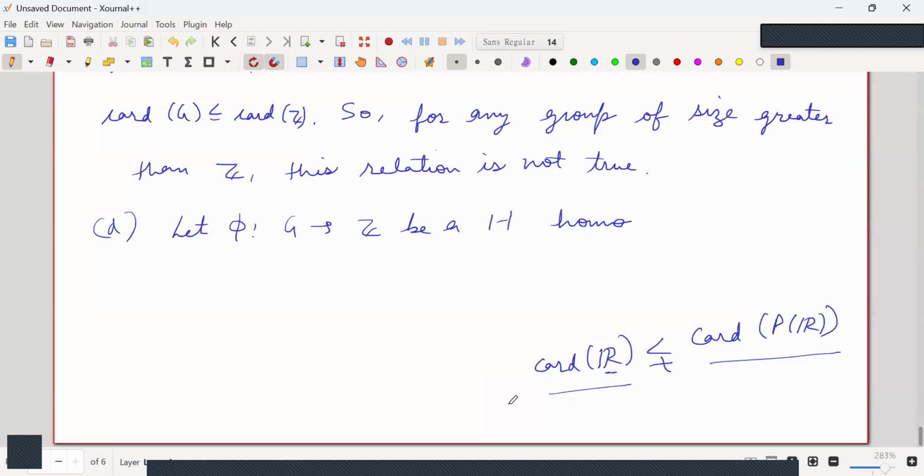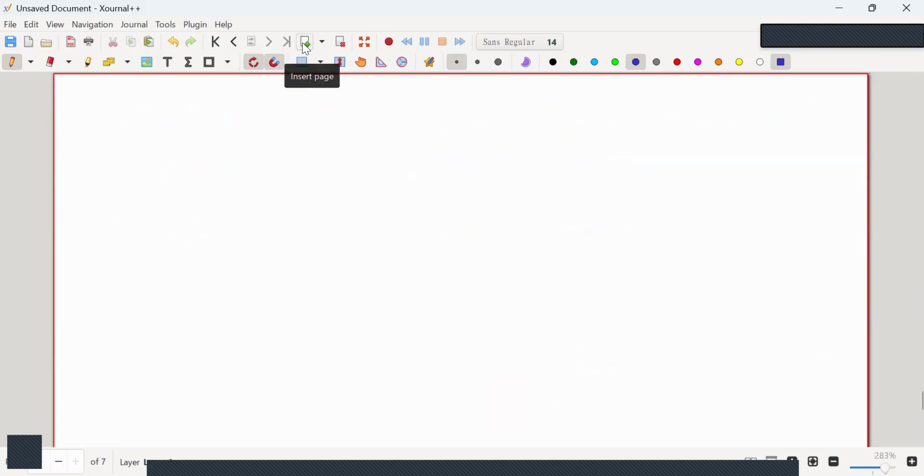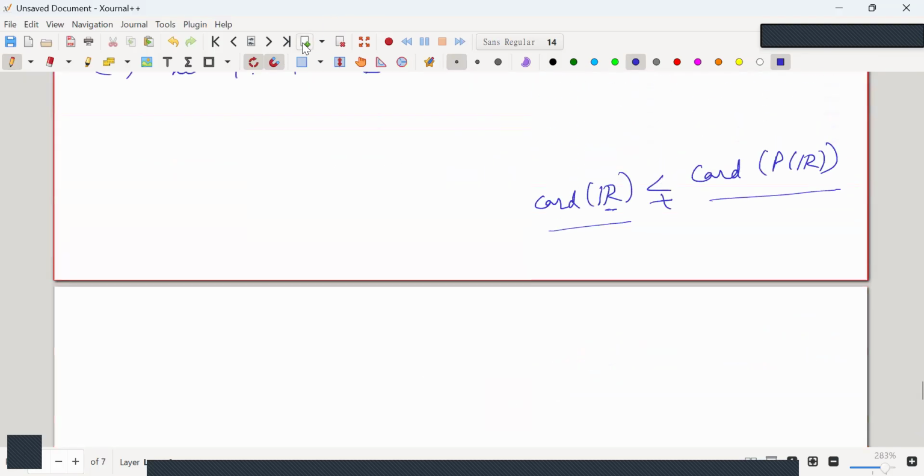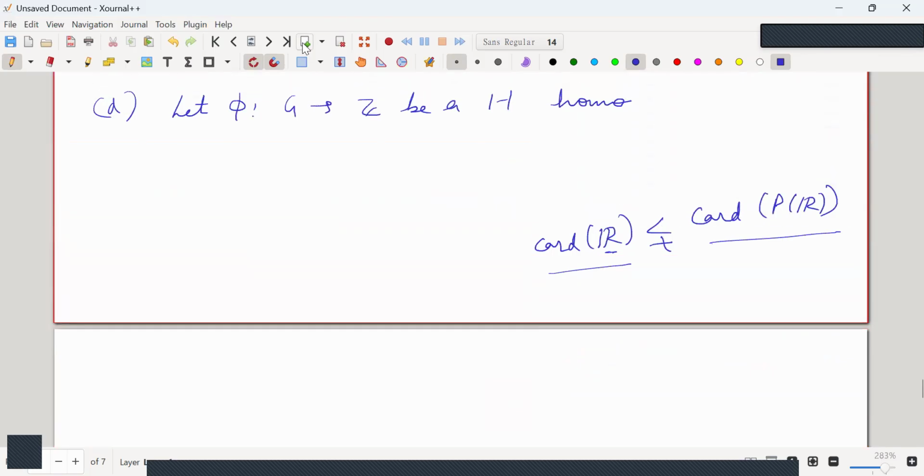Yes, sir. And in fact, if I remember correctly, there is also one statement which says that once you have infinite sets, cardinalities increase in this way only. So this is two to the power of the cardinality of the set of natural numbers.